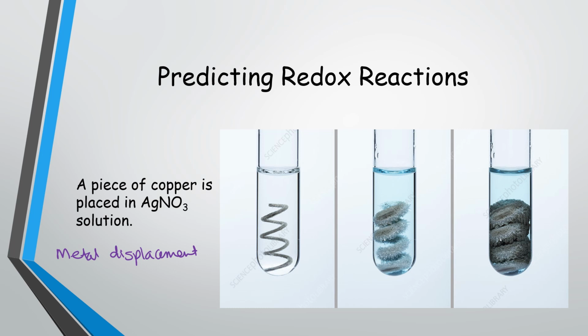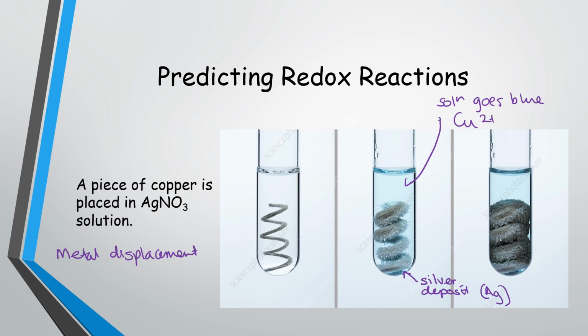You can see here that we've got a silver deposit, and that silver deposit is actually metallic silver. And you can see that the solution goes blue. So that's telling us that there are copper ions present. And you can probably predict the reaction that's going to take place.